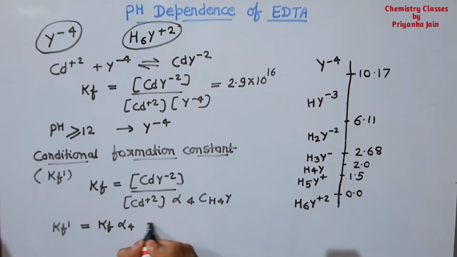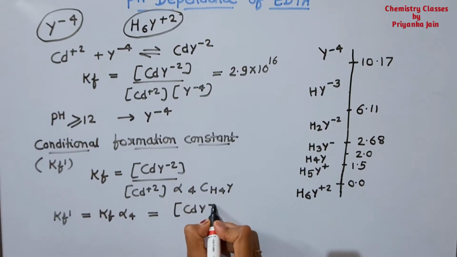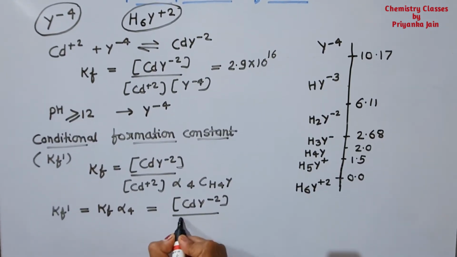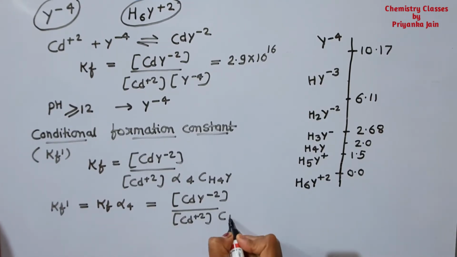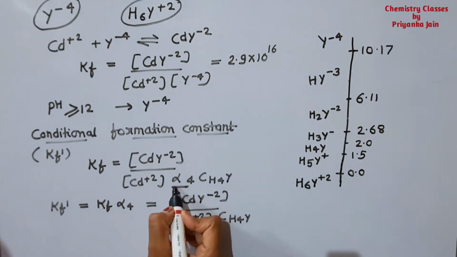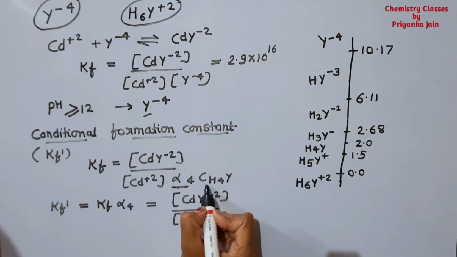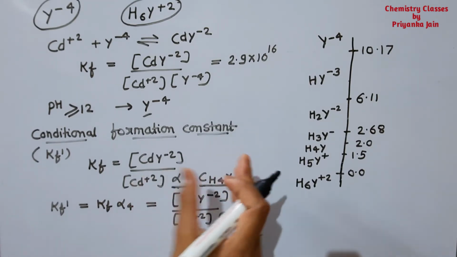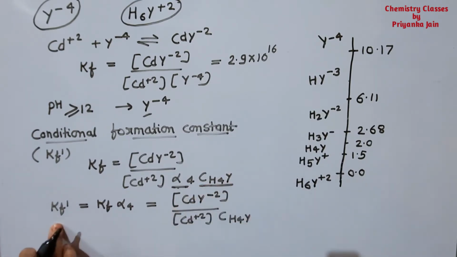So it can also be written as the concentration of CdY minus 2 divided by the concentration of Cd plus 2 and CT. Now what are these terms? This alpha 4 is the fraction of the Y minus 4 form, and CT is the total concentration of the EDTA present in the solution. So by this formula we can find out the conditional formation constant.